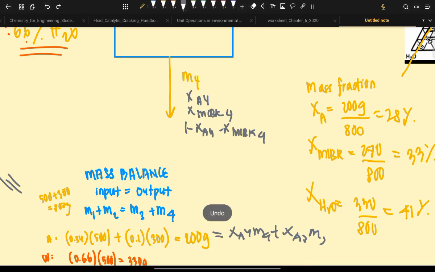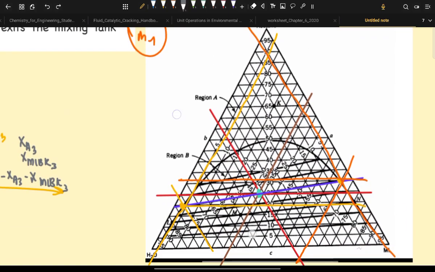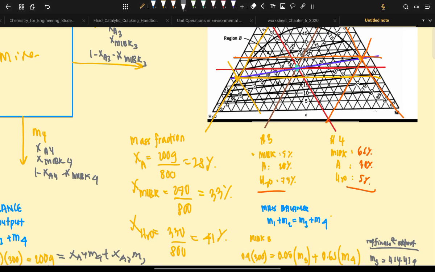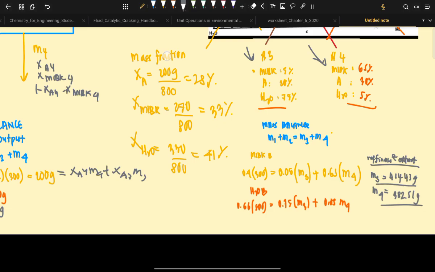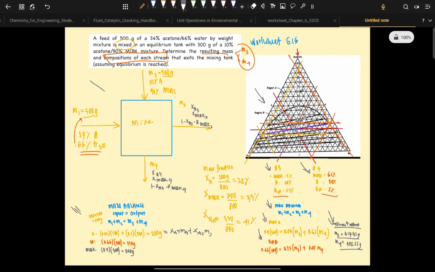That's what I said. Okay. So next, we do the mass fraction because we want to use this triangle graph, and then we extract the data, get two answers, and then we use the mass balance, and then we get the answer for the resulting mass. That's all. Thank you.